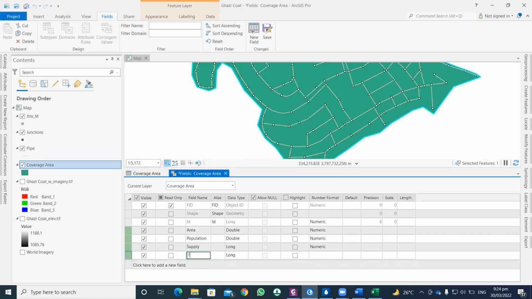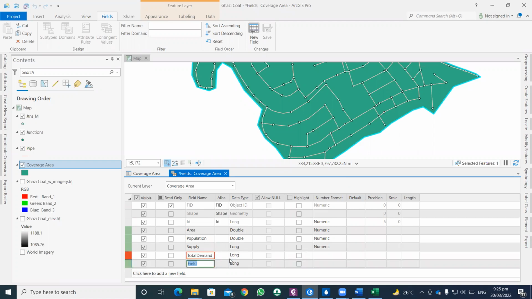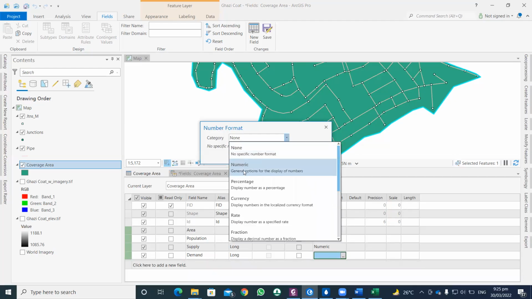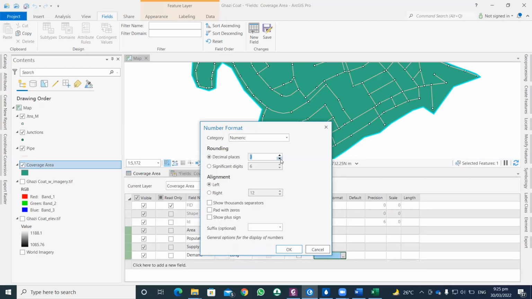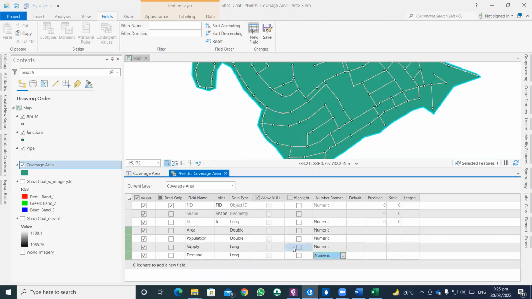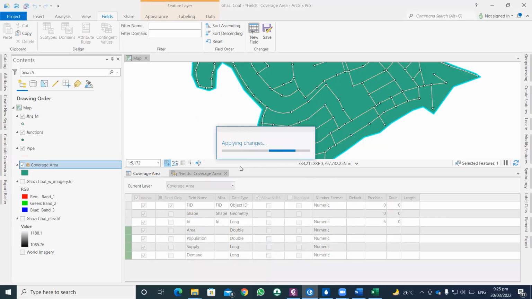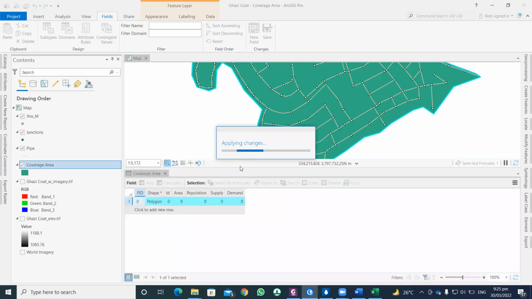and the total demand. So I will be putting the respective value in each field.